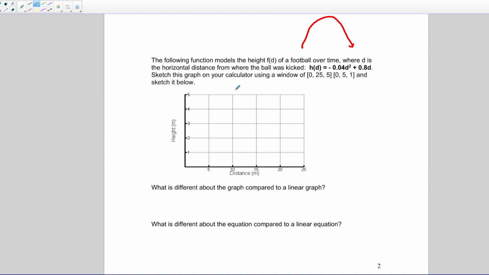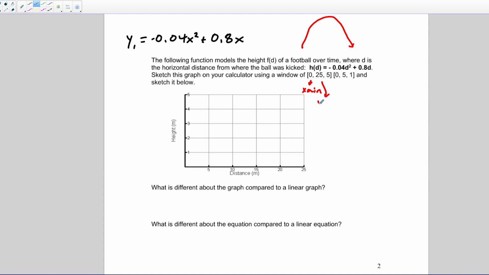So we're going to sketch this on your graphing calculator using this type of window. On your graphing calculator, really what you're going to be entering in is y1 equals negative 0.04x squared plus 0.8x. So what these window settings really mean is that under your window settings, this is your x min.